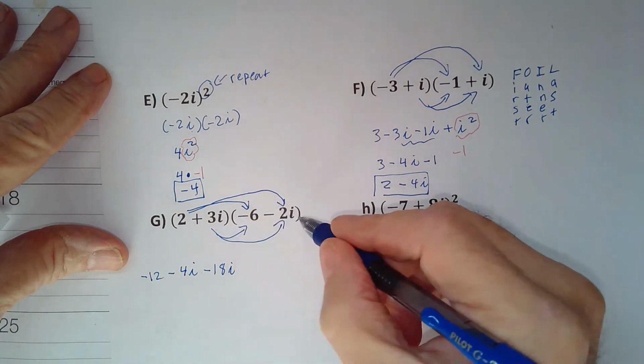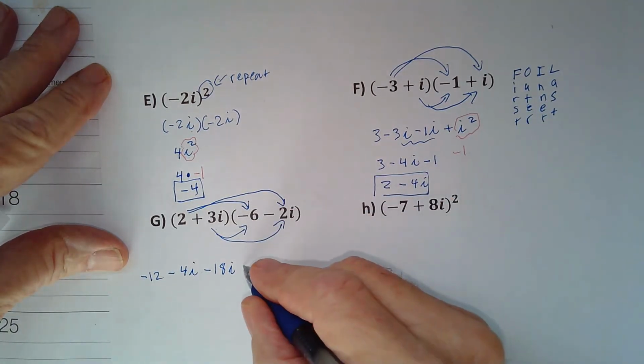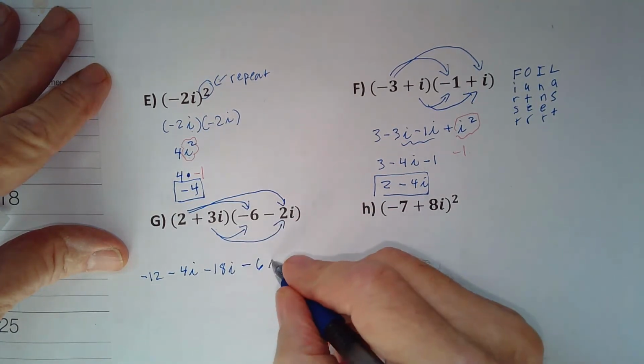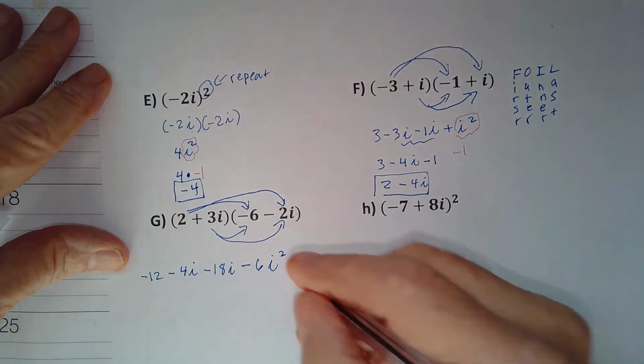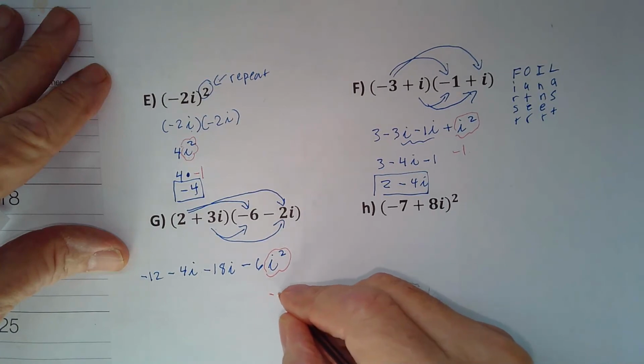And then positive 3i times negative 2i, positive times a negative, negative 6, and then we have i squared. Oh, there it is again, that i squared. So we want to make sure that we change that to negative 1.